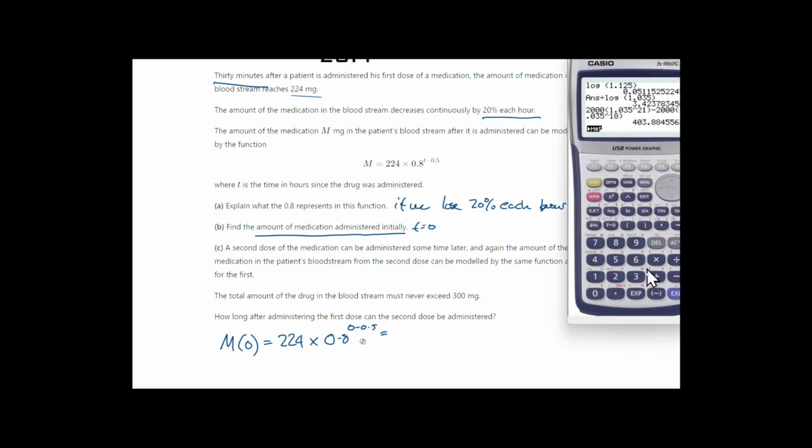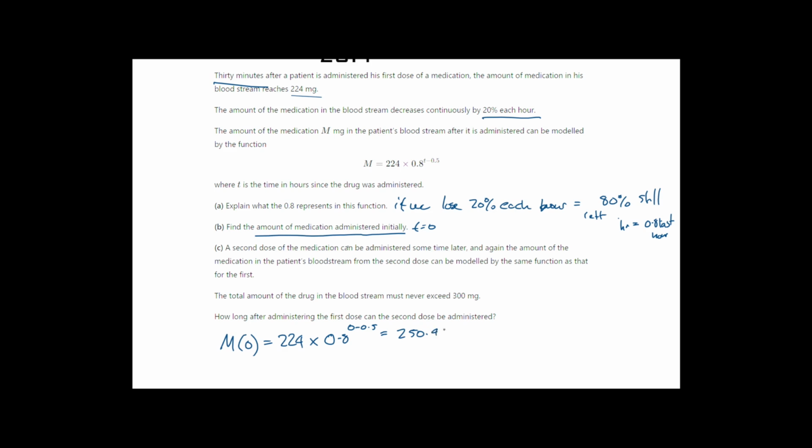So 224 times 0.8 to the power of negative 0.5. That's 250.44, which is 250 milligrams.